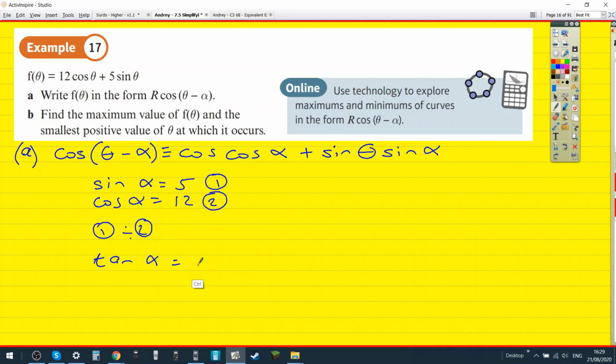And I got 22.6 degrees. Okay. Now do the square root of 12 squared plus 5 squared. Yep.